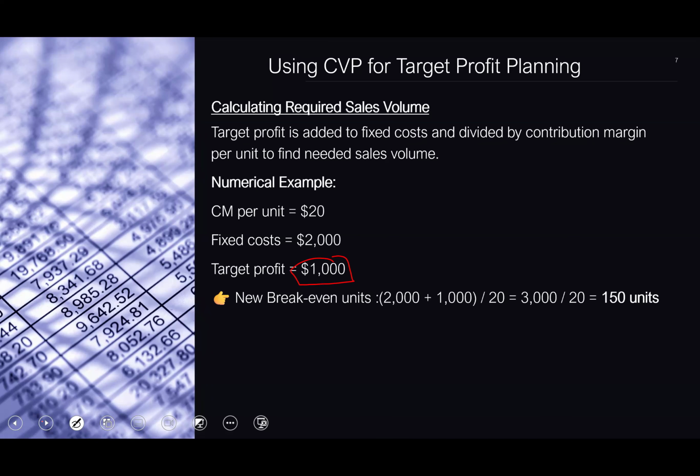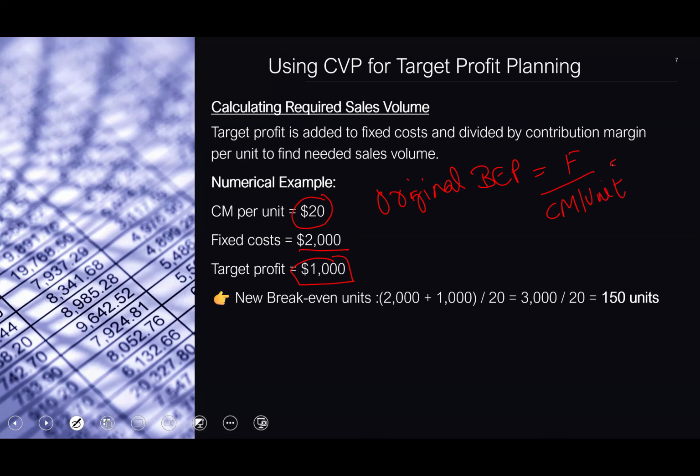First thing, what would be my new break even, if I make $20 of contribution from each unit? If my original fixed cost is 2,000, what is my original break-even point? Fixed cost divided by contribution margin per unit.